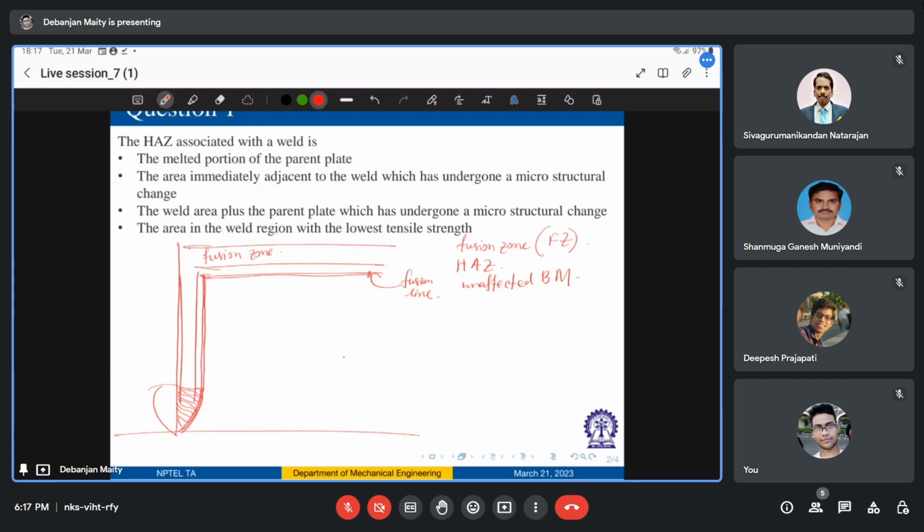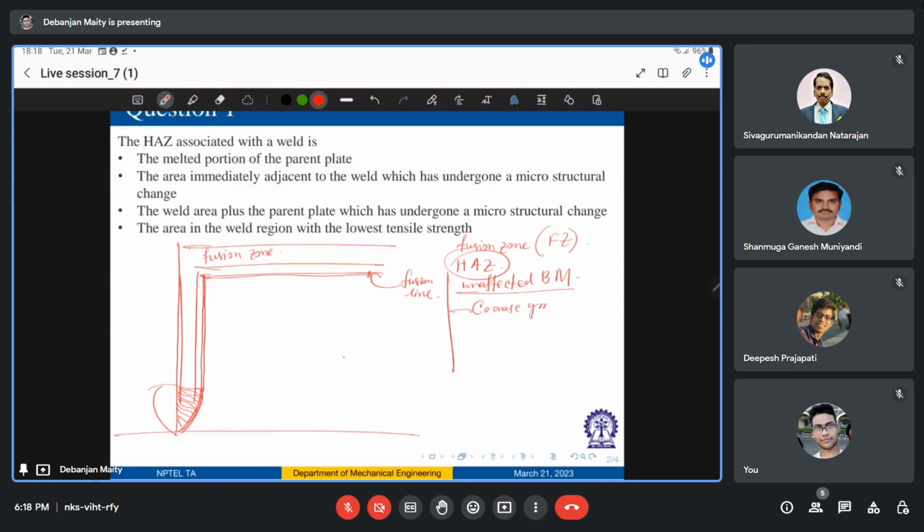Now, as I was saying here also, the microstructure of this heat affected zone depends on the peak temperature reached. What is the peak temperature, right? And also the time. So you are providing a sufficient amount of time for diffusion to happen in that temperature range, right? So depending on that also, your microstructure will vary. So in heat affected zones, what are the different regions?